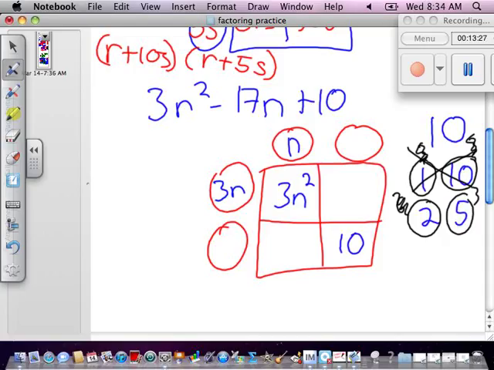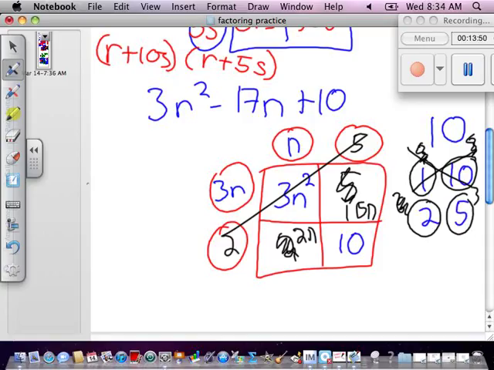Okay, so I've got a 5 here, and I've got a 2 here, because 3 times 5 gives me 15, and 2 times n gives me 2n. 2 plus 15 gives me 17.